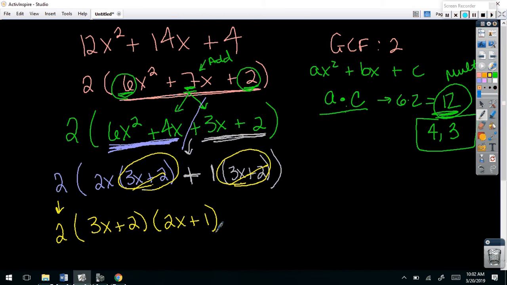I'm done. I just wrote what was left. You write what's written twice once, and then you just write what's left. 2x and 1. If they're not the same, you didn't factor it right. If you did all the previous steps correctly, then it will be right.